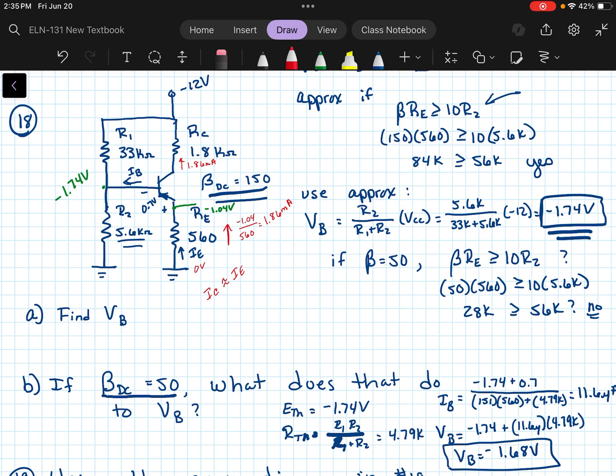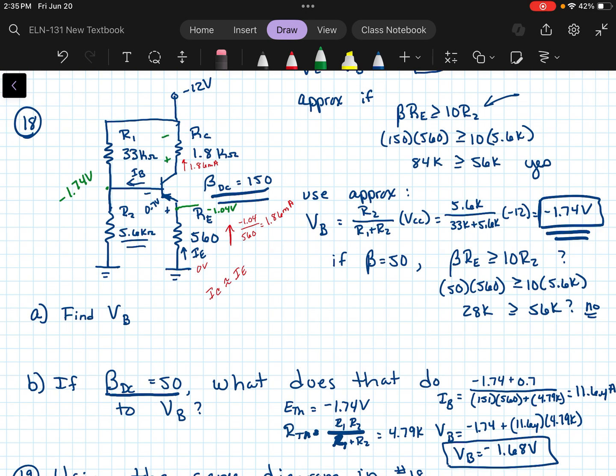So if that's the case, we can determine what our voltage drop would be across RC, because that voltage drop is going to be the 1.86 milliamps times the 1.8K. And that gives us a drop of about 3.34 volts here.